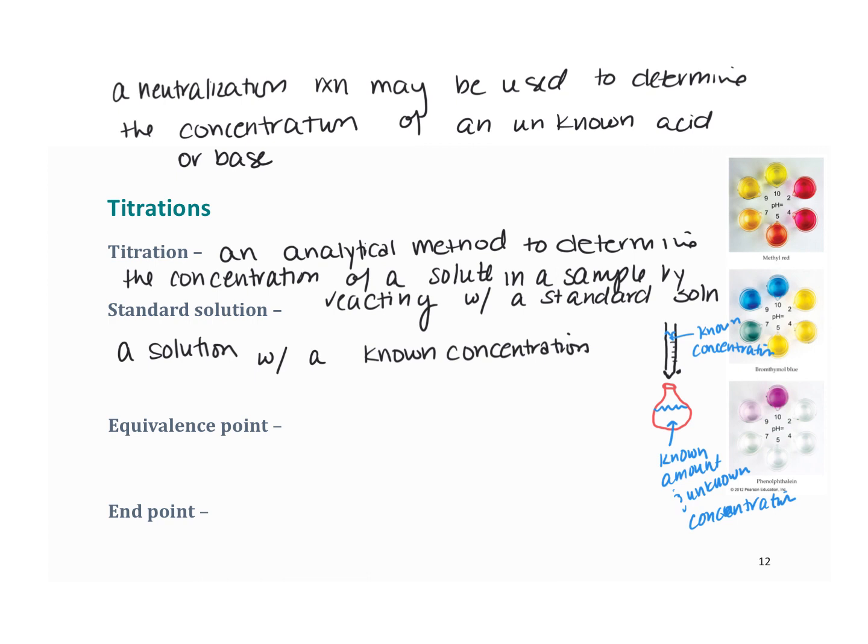And what you're going to do is add the thing in the burette to the thing in the Erlenmeyer flask, and it's going to be an acid-base reaction. For example, if you are reacting HCl and NaOH, it'll react in a 1-to-1 ratio to form NaCl and water.